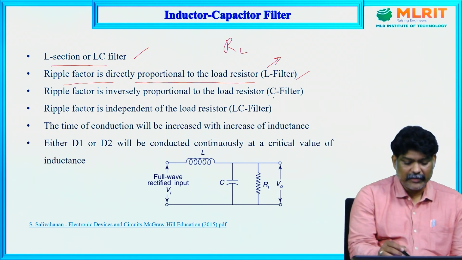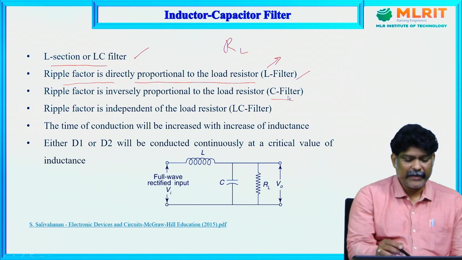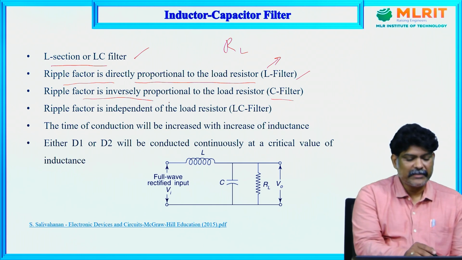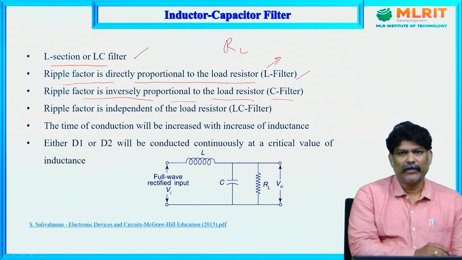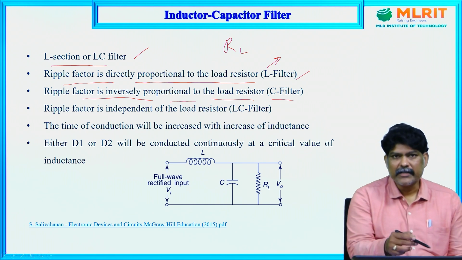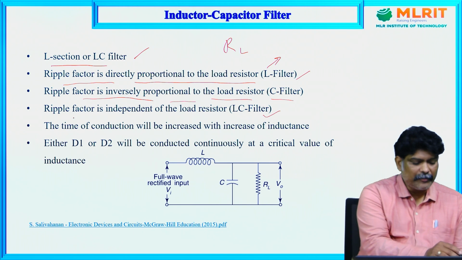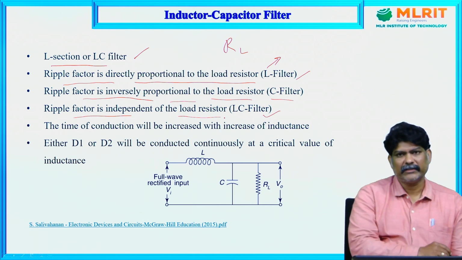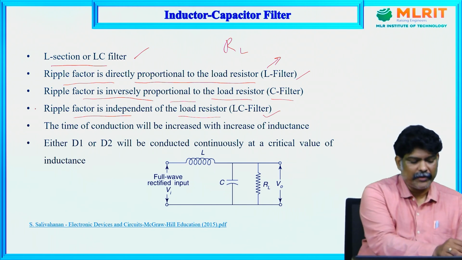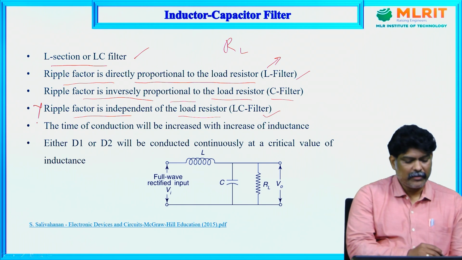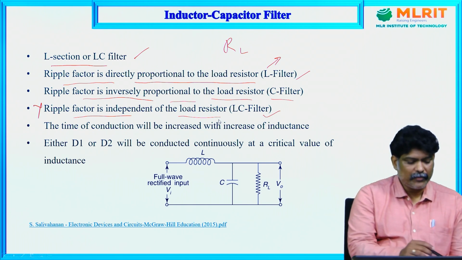In a capacitor filter, the ripple factor is inversely related to the load resistor. In contrast to these two, in the LC filter the ripple factor is independent of the load resistor. This is a very important point.